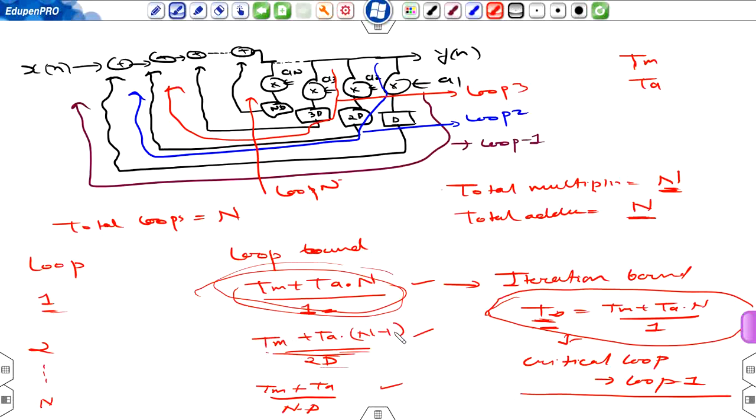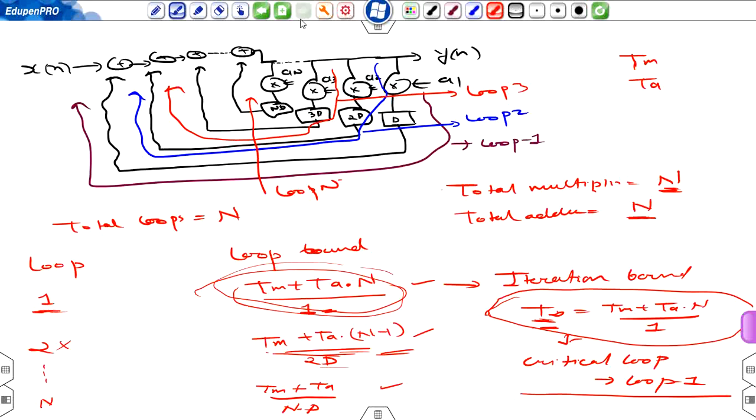So this will be the new iteration bound for the updated circuit. Okay, and now the sampling period can be reduced up to this value. Further, if you want to increase, eliminate loop 2, so the next loop will be the critical loop for this circuit. So this is the idea: eliminate the critical loop. Further you want to increase, eliminate the next loop.